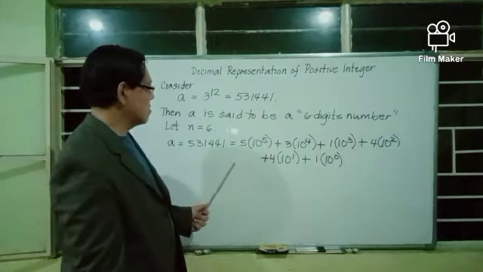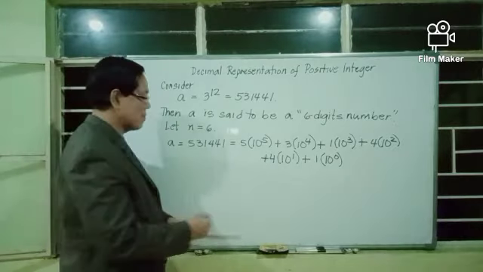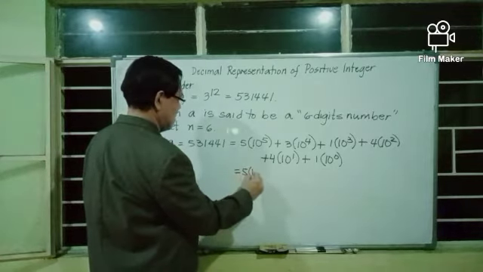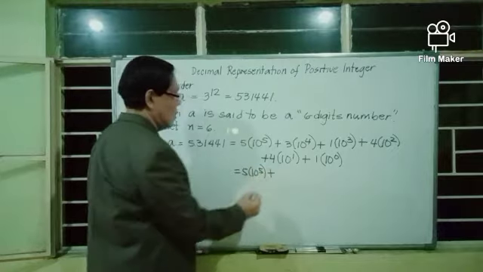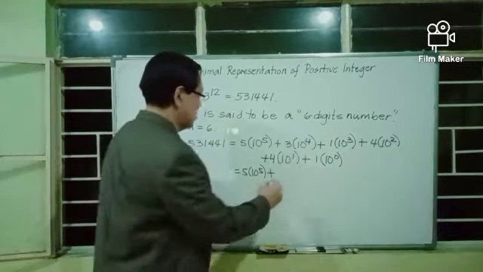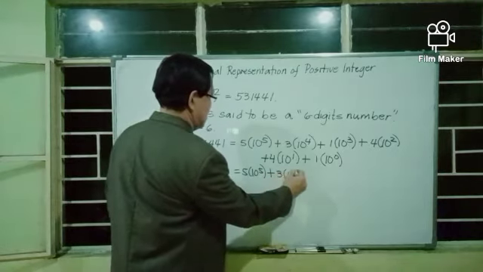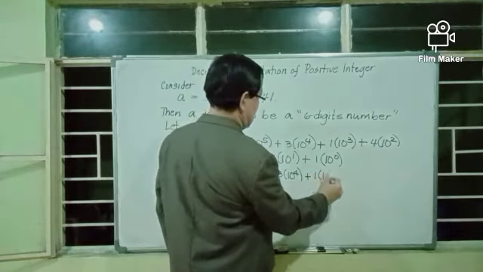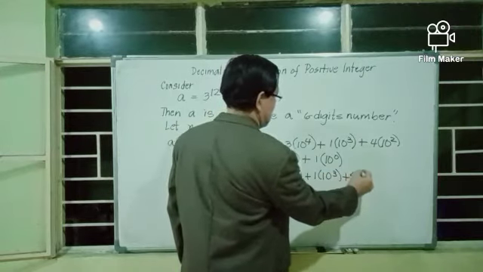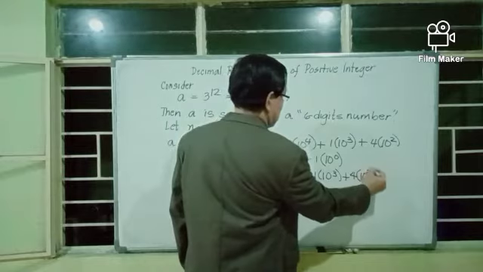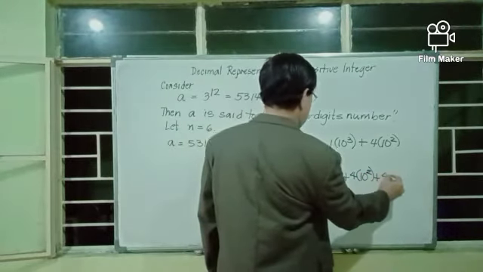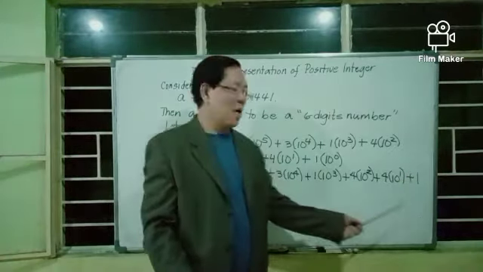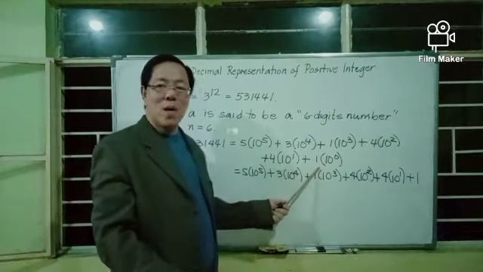So we can simply write 5 times 10 to the power 5 plus 3 times 10 to the power 4, and so on, and the last term is 1 because 10 to the power 0 is 1 multiplied by 1 is 1.